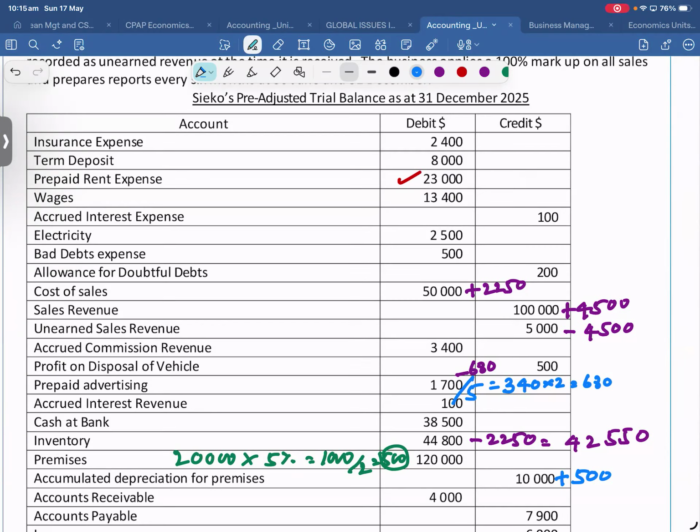Everyone agrees with 200 or any other answers? 400, but that's wrong. 400 per year, correct. So, how much is the interest revenue for this period?